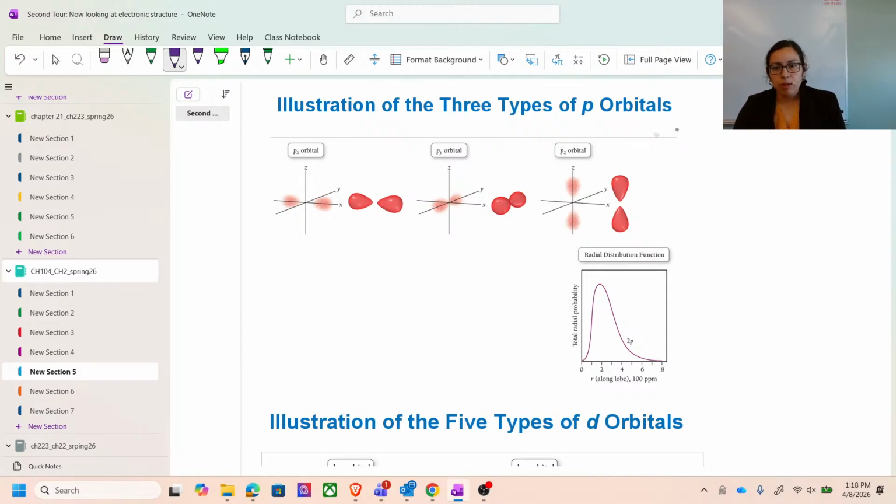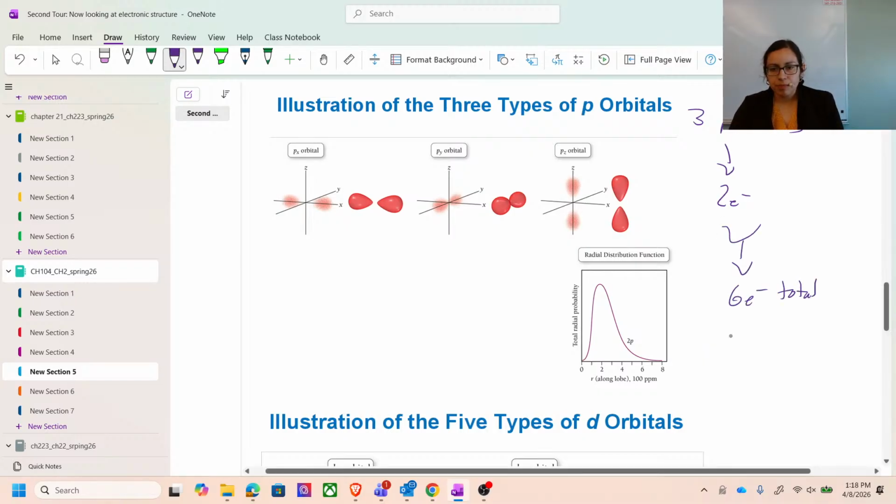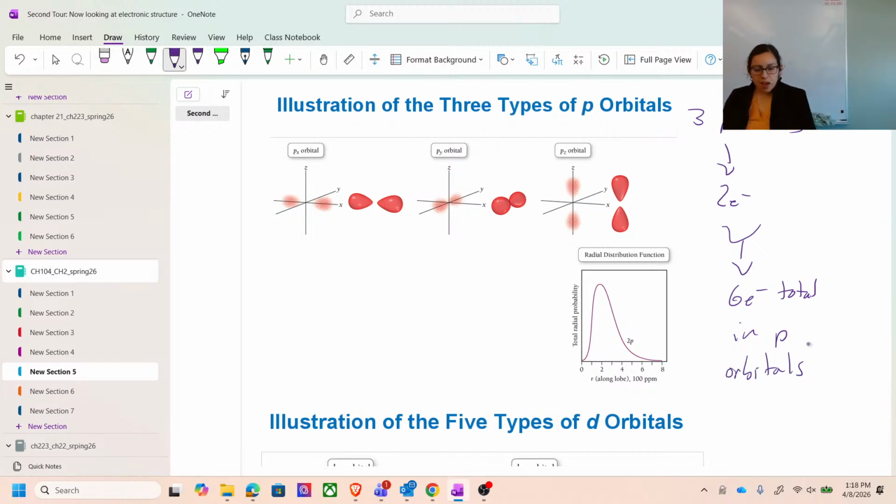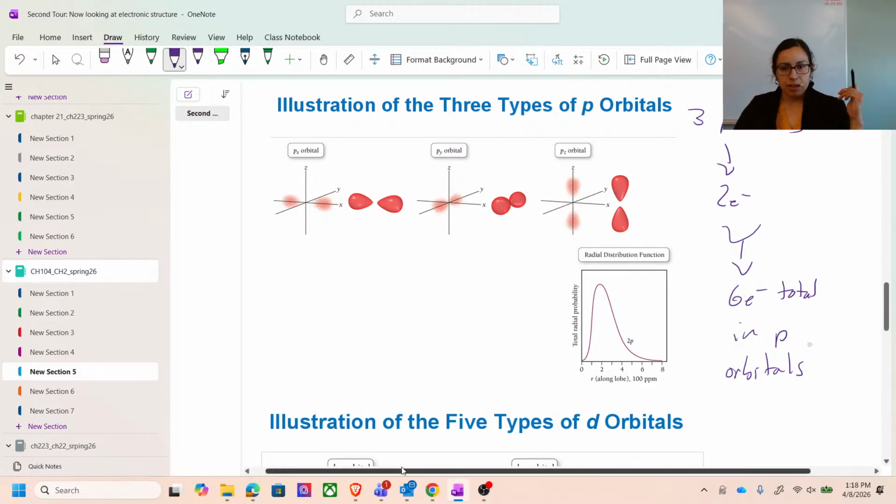So there are 3 p orbitals, and each one of those can hold 2 electrons. That means there are 6 electrons total in our p orbitals. We can remember that. I'll let people copy that down. Don't want to go too fast.